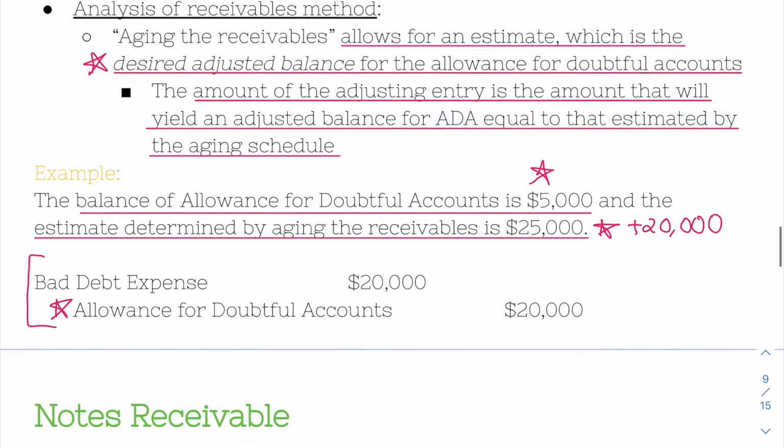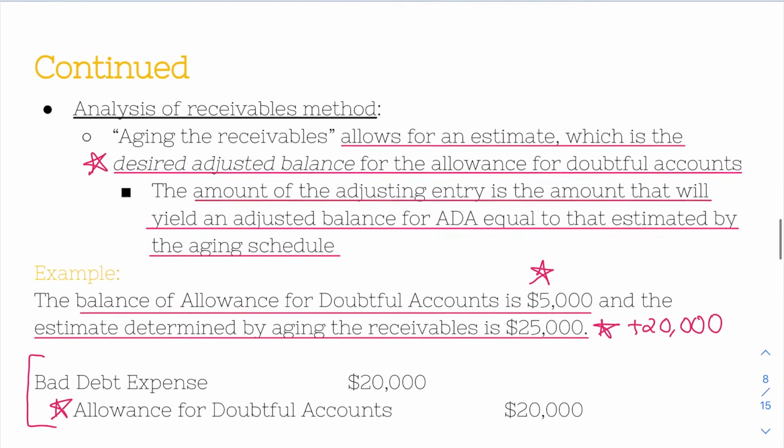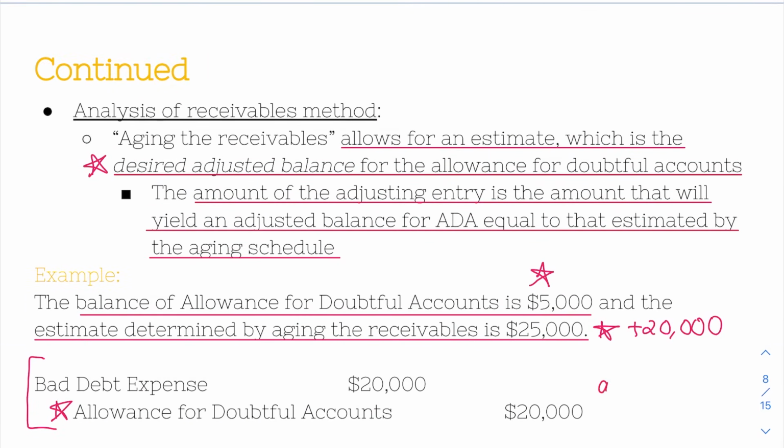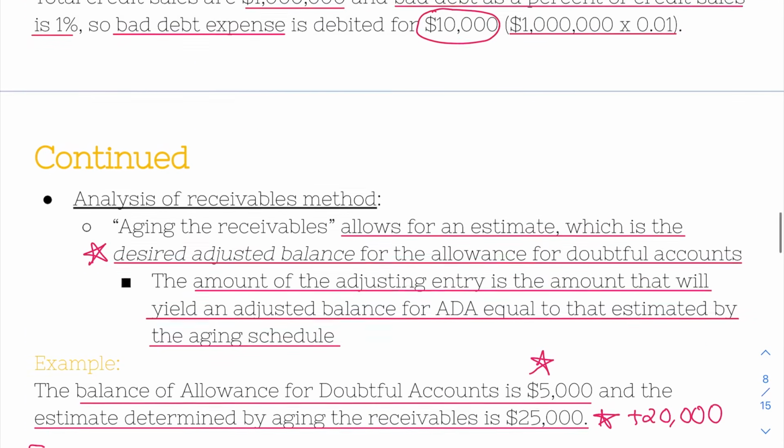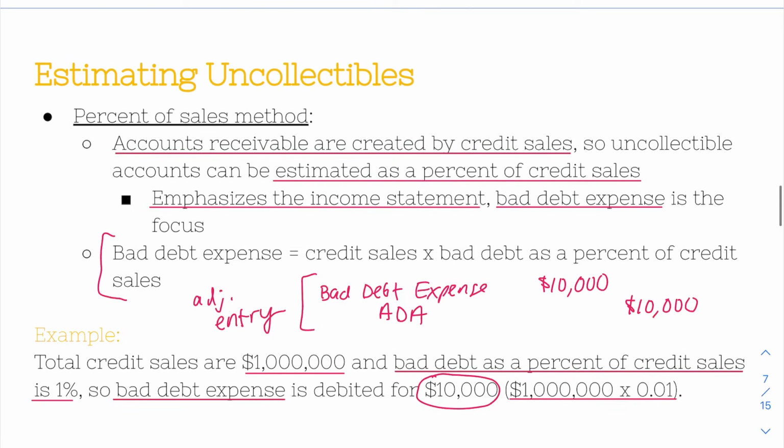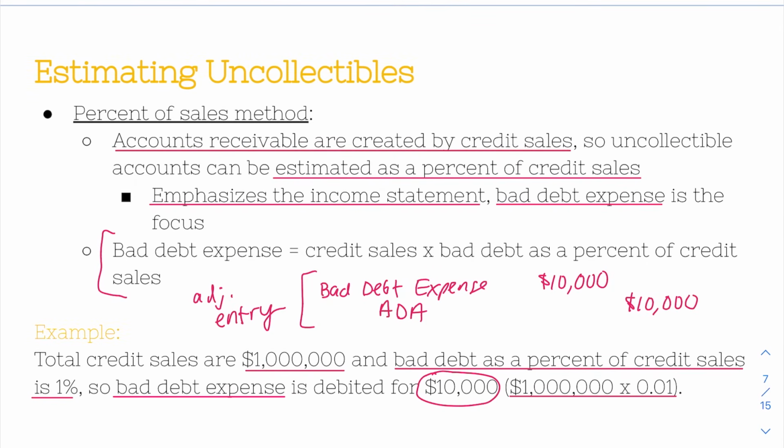Okay, and then just to go over one more time, this is your adjusting entry that you make at the end of a period. After you have that adjusting entry, so you either did it through analysis of receivables or you did it through percent of sales method, either way you get your adjusting entry.